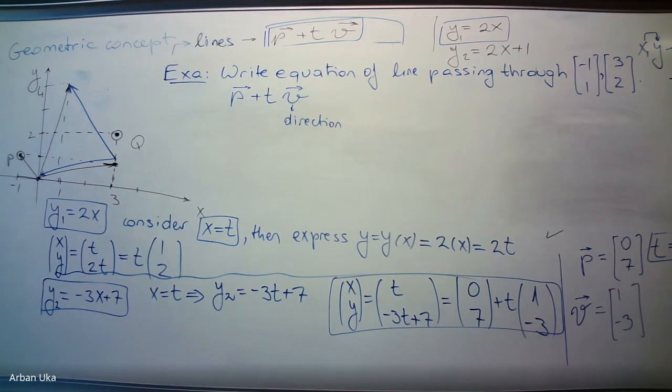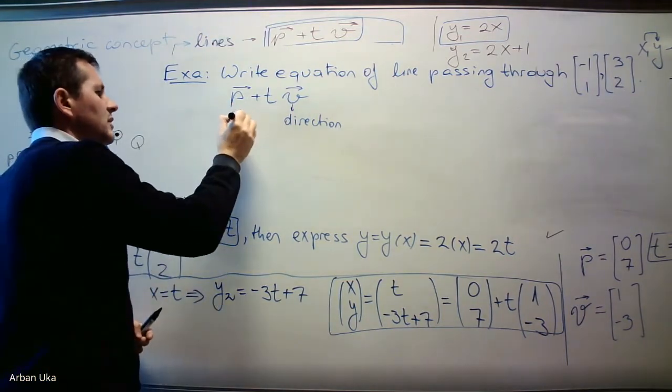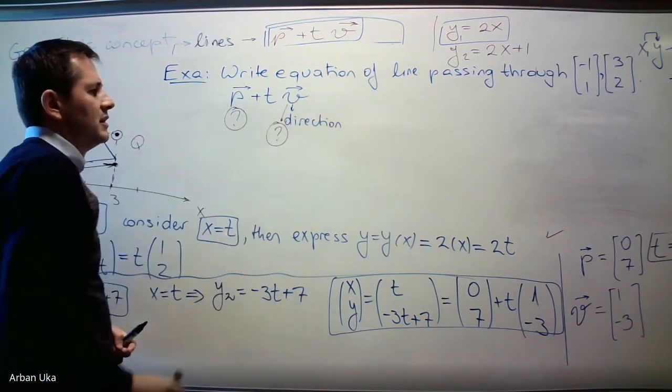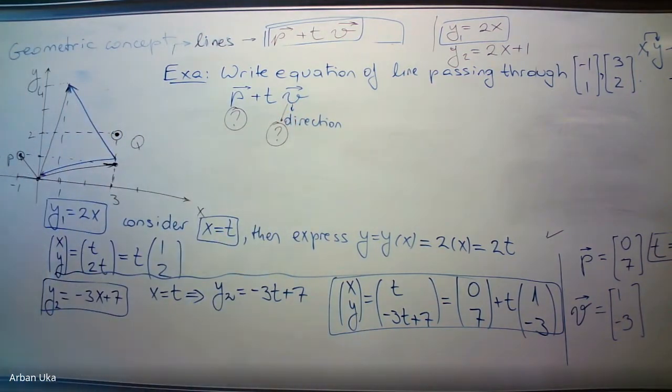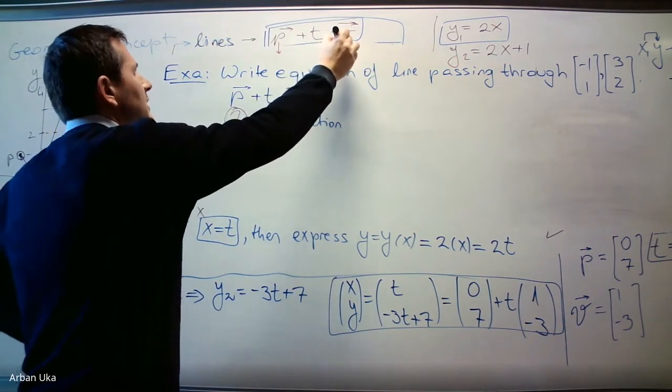Now, the question is to find the equation of a line. What is unknown to us? We have 2 unknowns: we don't know P, and we don't know V. So we should be looking for these 2 parameters. Why?